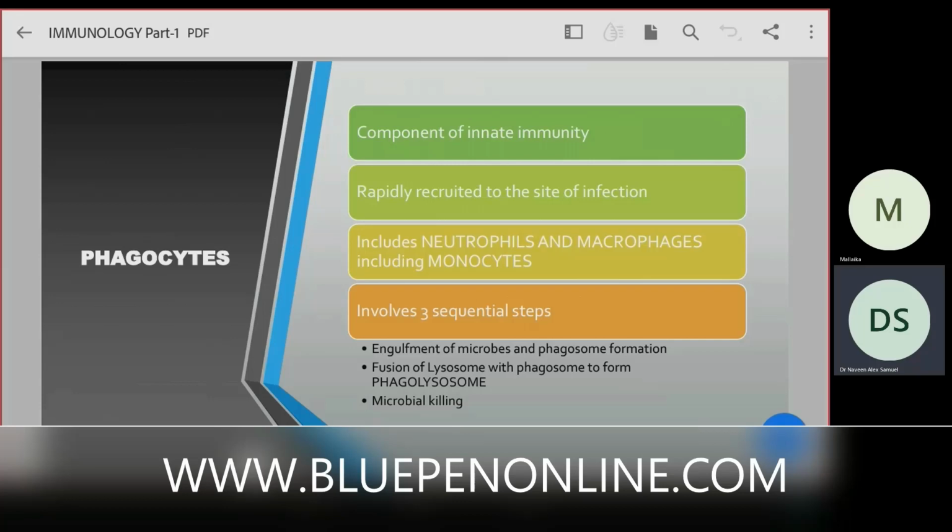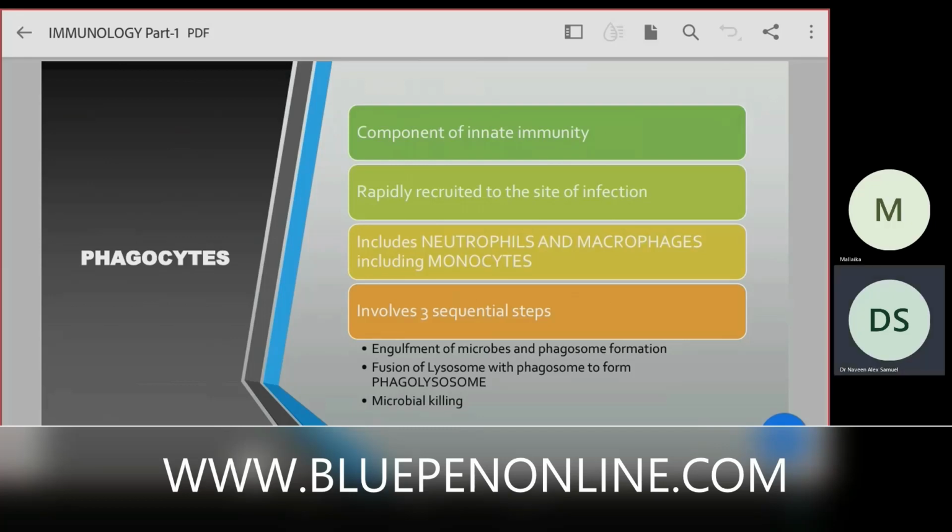It includes mainly three sequential steps. First, there is engulfment: the phagocytes will swallow the microbe. Then, after they swallow, they form a small bag-like structure called the phagosome. The phagosome then fuses with the lysosome, because the lysosome contains lytic enzymes.